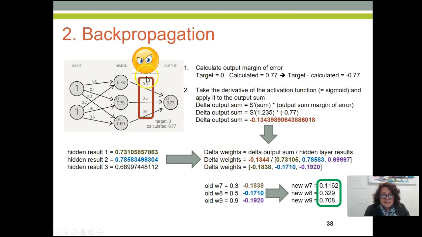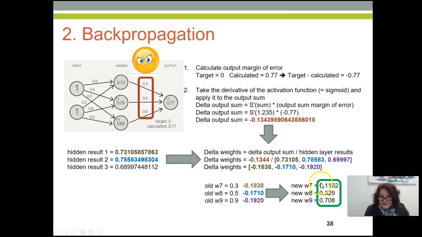To calculate our delta for each of these weights, we divide the delta of the output sum by the results of the hidden layers. So in other words, we take our minus 0.1344 and we divide it by 0.73, by 0.79, and by 0.69, which means that our old weight number 7 of 0.3 is adjusted by 0.1838.